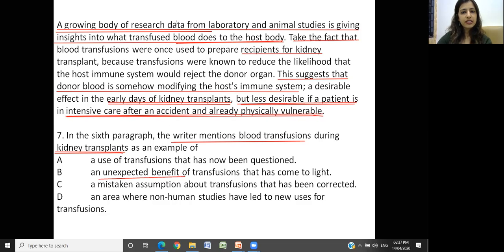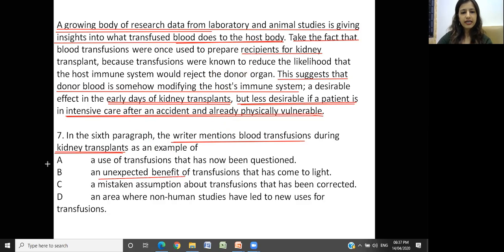So benefit is completely wrong with this. And if I say mistaken assumption, that has been corrected. So it is not a mistaken assumption. It was true that it was reducing the chances of rejection. So the assumption was not mistaken, but the use is now being questioned.